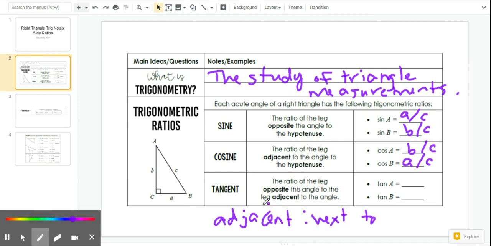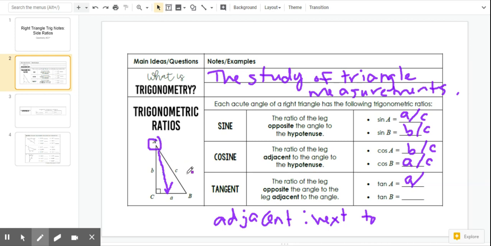For tangent, tangent is the ratio of the leg opposite the angle to the leg adjacent to the angle. So tangent of A: it says opposite to adjacent. Opposite is A, so it's A over the adjacent leg.